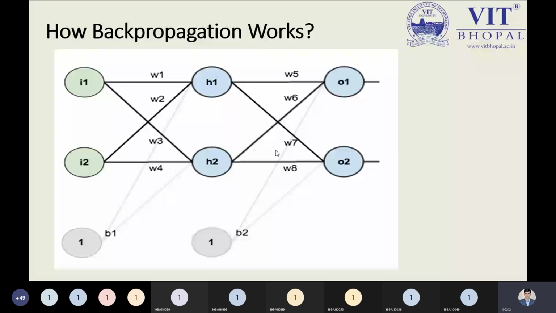Same thing we have to do at the output layer. So if I am adding the bias at the output layer to improve the efficiency of my model, I need to assign the bias to each and every node at that particular layer, that is the output layer. So this is the graph which shows our information, and from this perspective we will try to solve our problem.